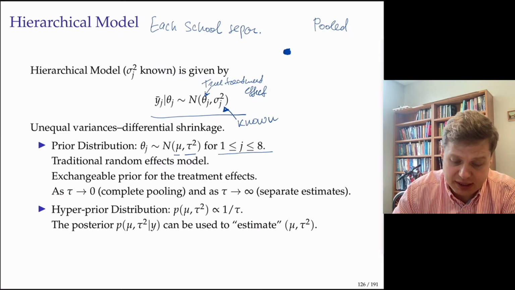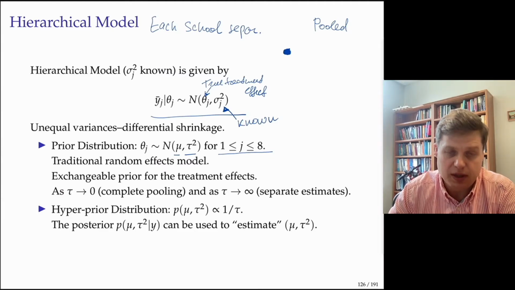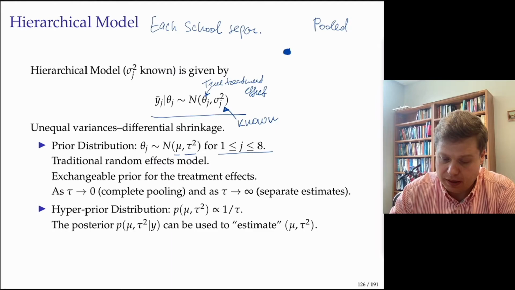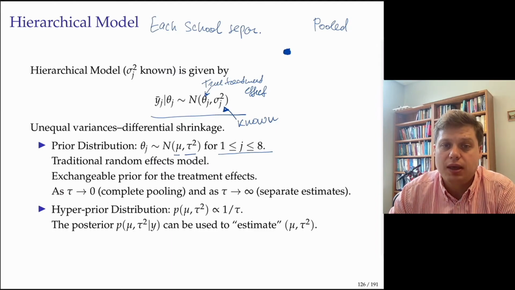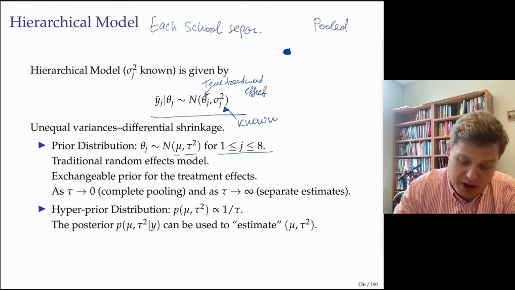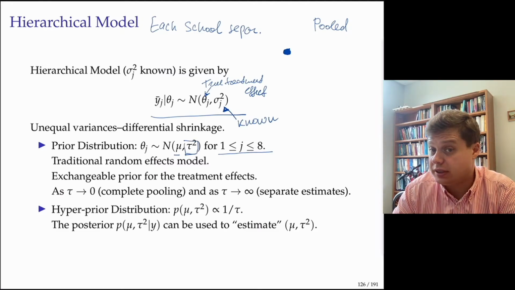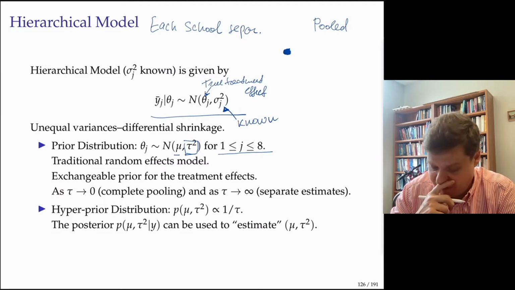So the prior is the same, but the posterior is going to be different because the likelihood will be different. This is the traditional random effects model, which has been used in many applications. And now you have this parameter tau that basically tells us how much prior variance you're going to assume on your parameter theta, the true treatment effect.